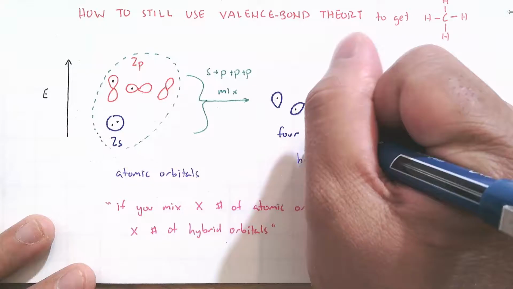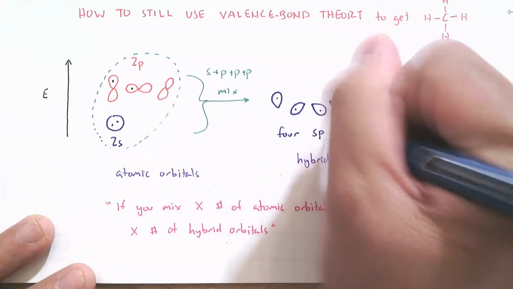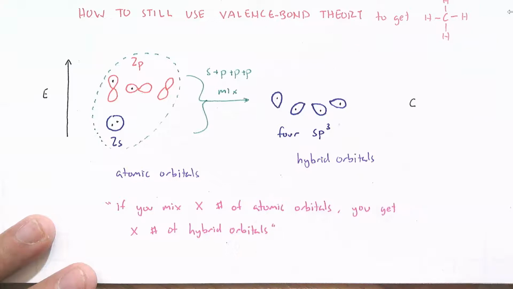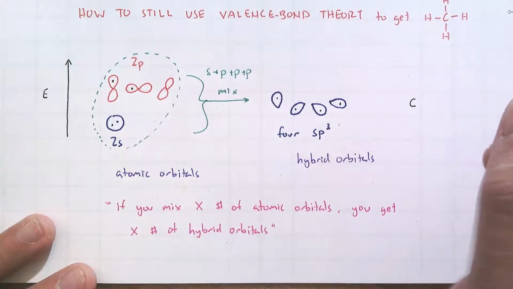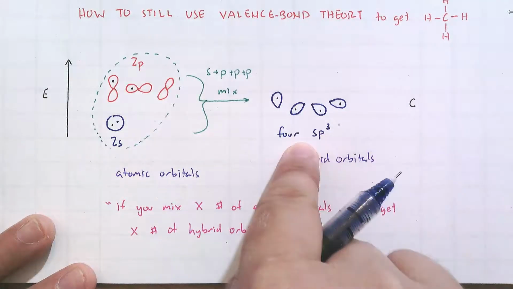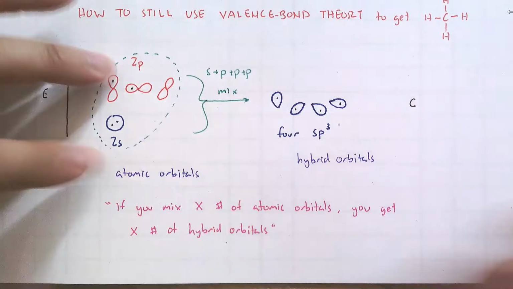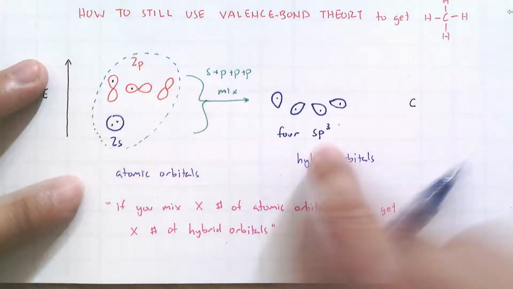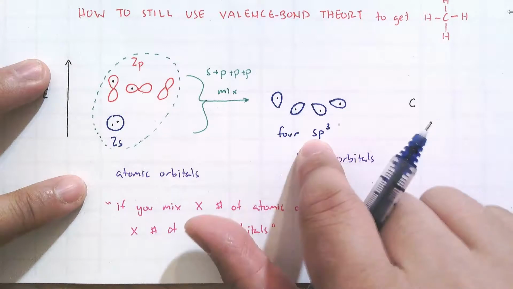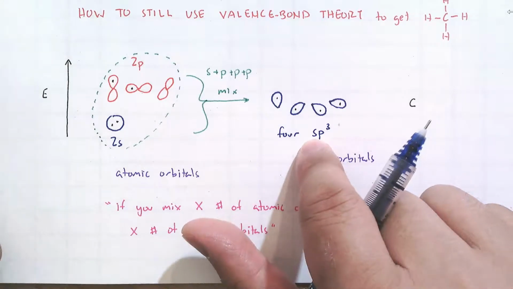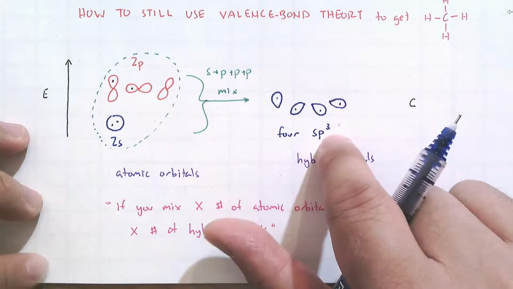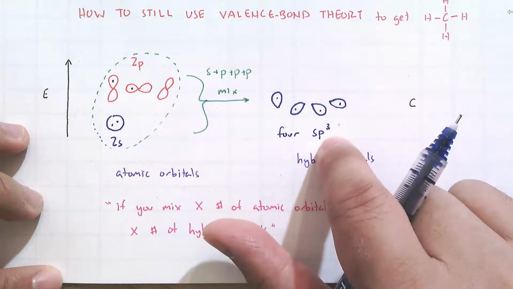We're going to call these hybrid orbitals sp3, with a subscript 3 to indicate that you mixed 3 p orbitals and 1 s orbital. They're in the 2 energy level, but what I mean is 1 s, the amount, and 3 p orbitals, the amount.